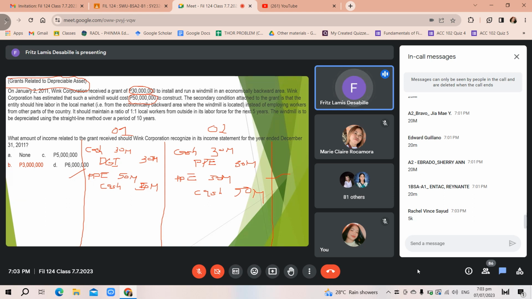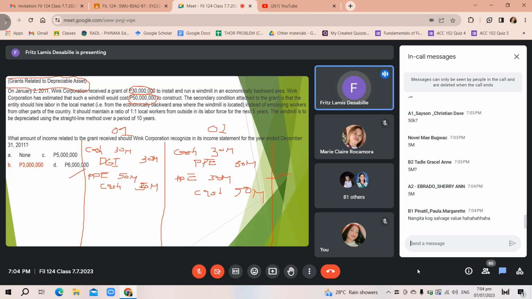How much is the depreciation? 5K? It's in millions. 5 million: 50 million divided by 10. Guys, depreciation is basic accounting. The cost is 50 million, and since we have no salvage value, we divide our cost of 50 million by 10.